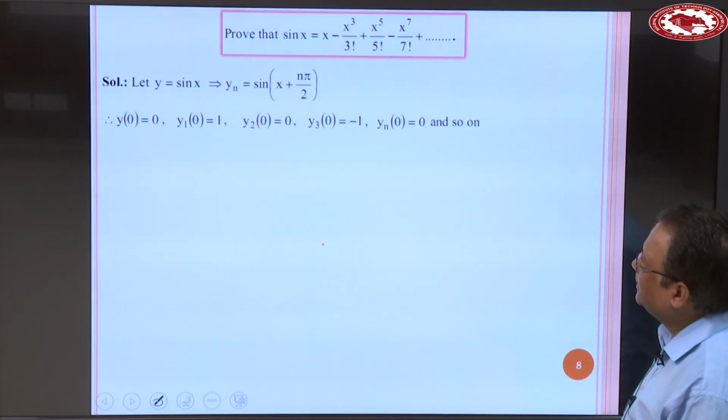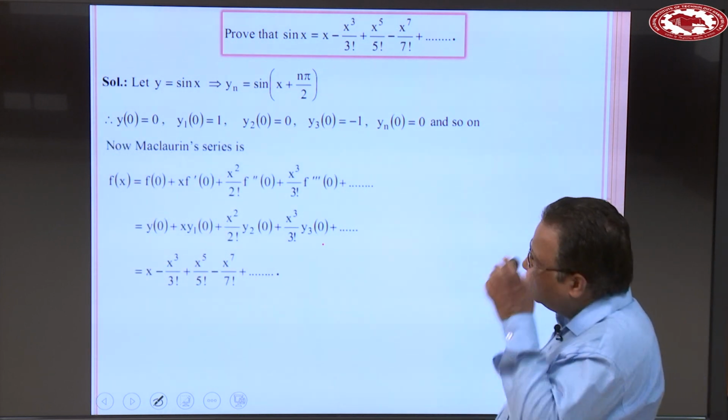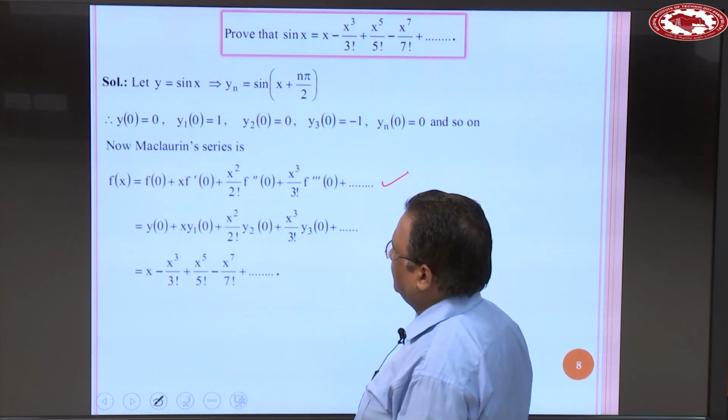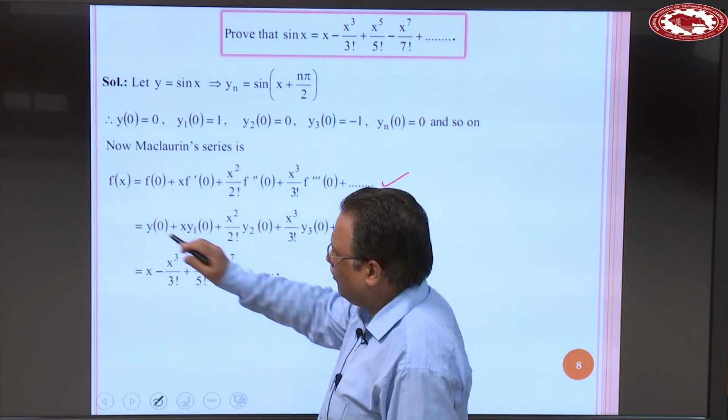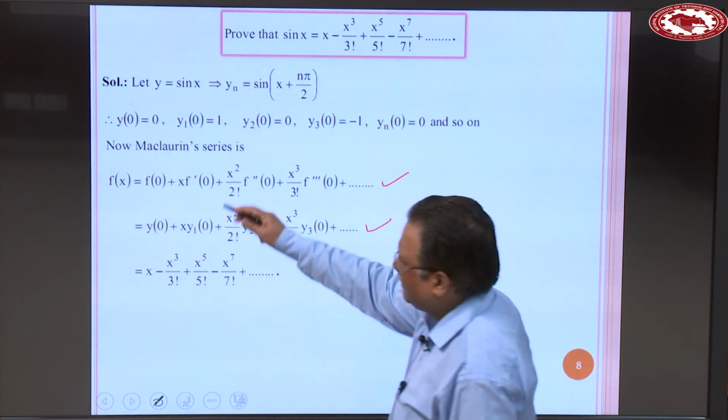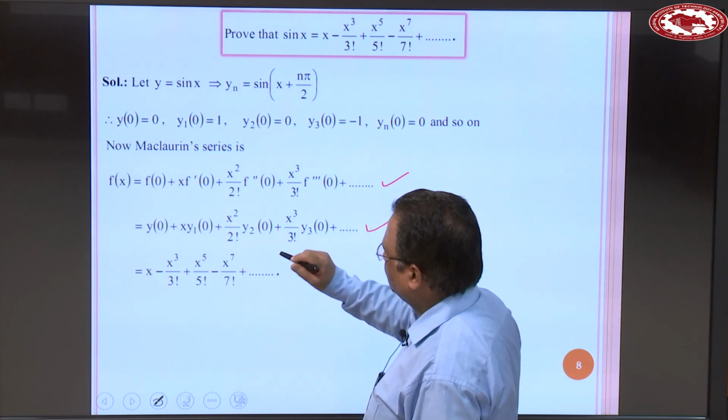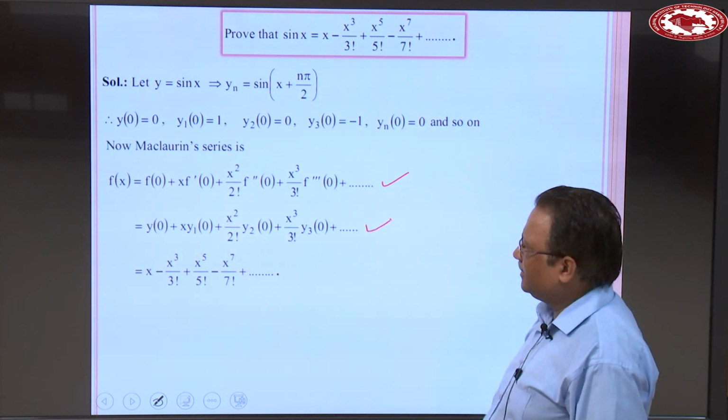So these are the nth derivatives at x equal to 0. Now Maclaurin series is this. That can be represented like this way, just replacing f(y) y, f dash y y1, f double dash y y2, f triple dash y3.